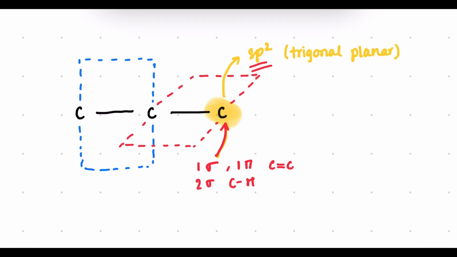Now we fixed this bond right here; this carbon double bond carbon is fixed in its orientation. Now, how would we get a trigonal planar? We would get a trigonal planar by putting one hydrogen up, and the other hydrogen down. So they would just be right above each other, above and below. In that way, you would get a trigonal planar shape for that sp2 carbon right there.